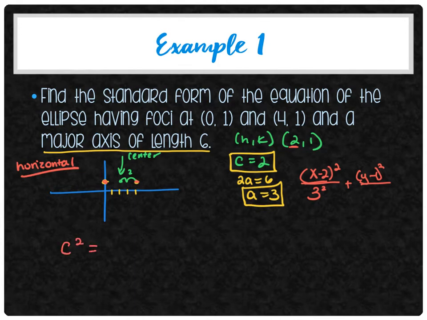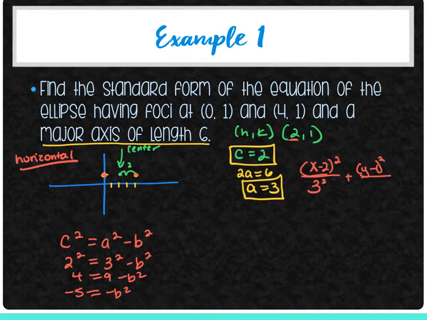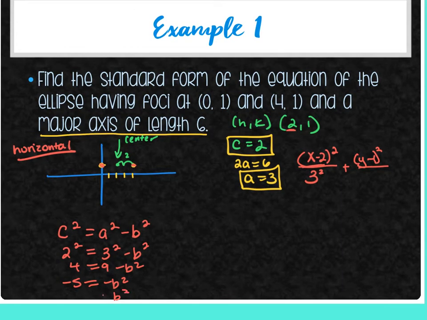Remember, c squared equals a squared minus b squared. So 2 squared would equal 3 squared minus b squared. 4, 9. Subtract, negative 5 would equal negative b squared. So b squared would be 5. Which I can say b is the square root of 5, but when I plug it into the equation, I'm going to square it anyways.